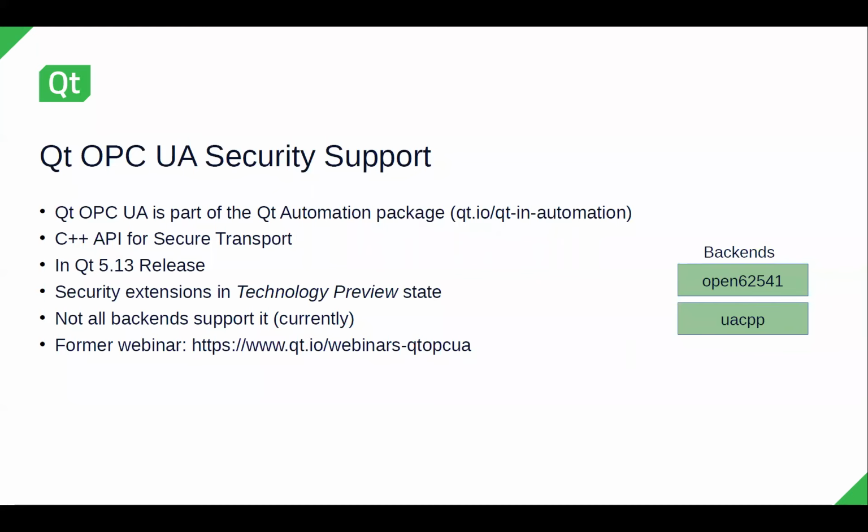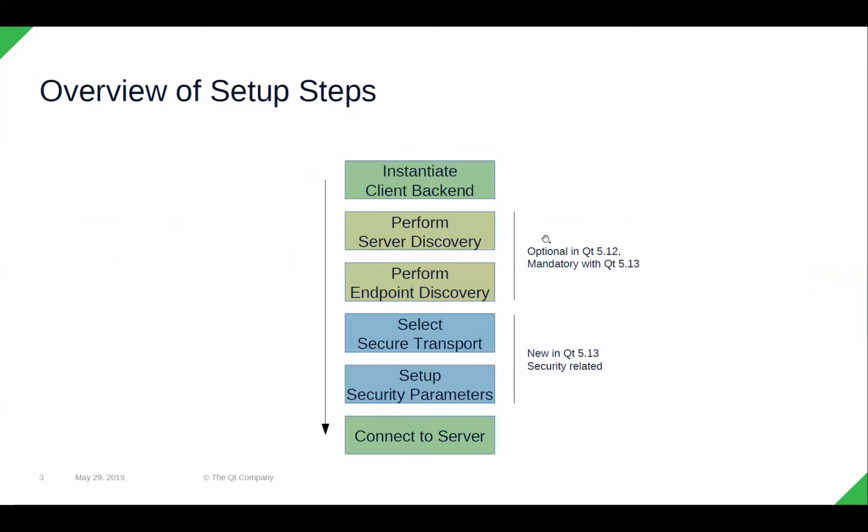Now, a short introduction on how the connection setup works. The first step is to instantiate the client backend. This is the same also in 5.12. Then you have to perform a server and endpoint discovery. This is the second and third step.